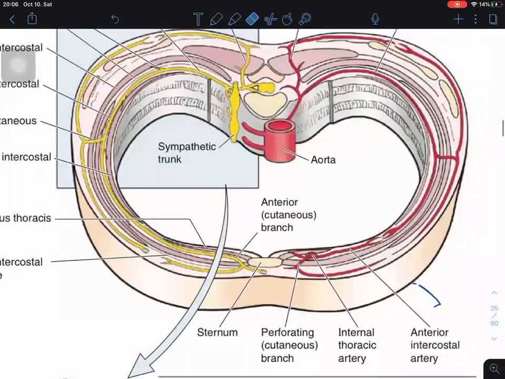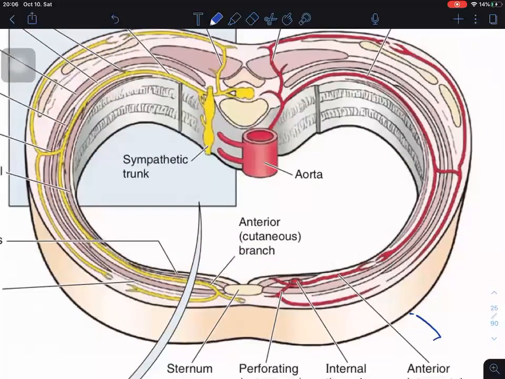The one located more laterally is the white ramus communicans, the pre-party one, which has the presynaptic nerves. The one running more medially is the gray ramus communicans, which has the postsynaptic nerves, the after-party one.